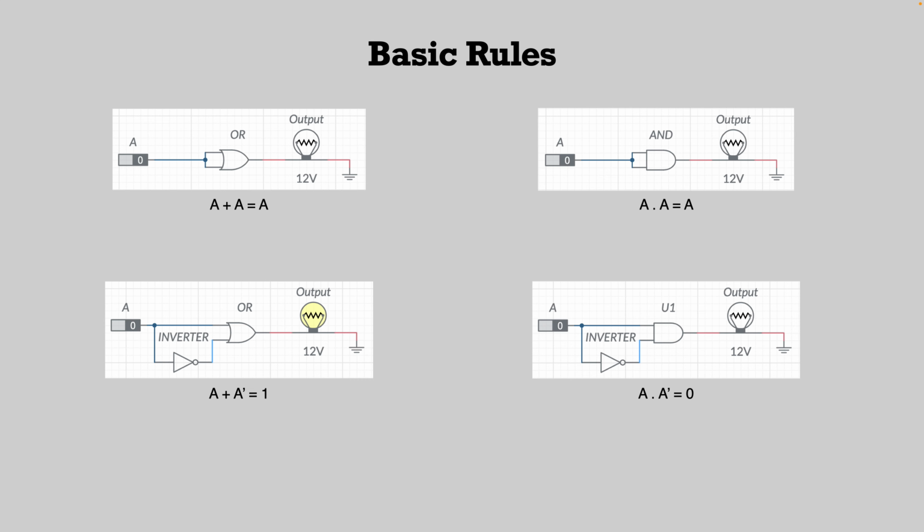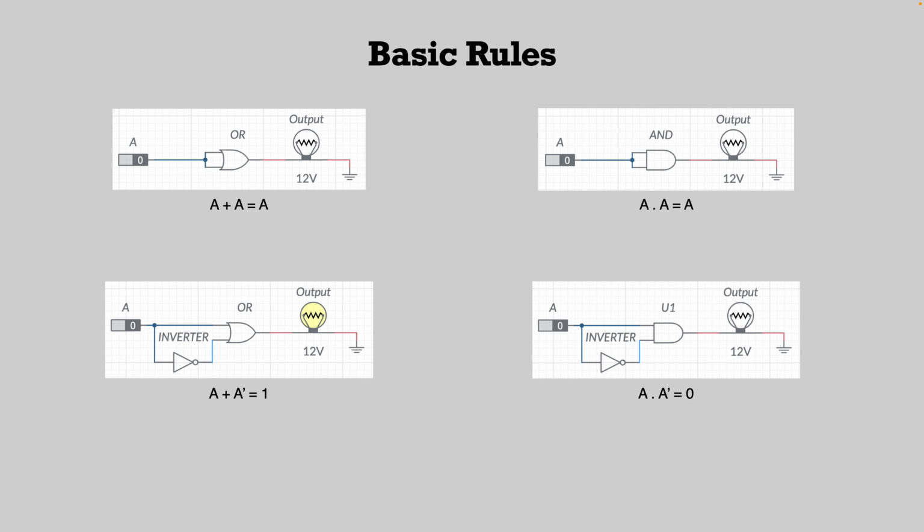And here at the bottom left is a simplification that you'll probably use pretty frequently: A OR NOT A, which means the variable or its inverted variable, is always going to be 1. If the value of A is 0, then the inverse of that is 1, so the output is going to be 1.